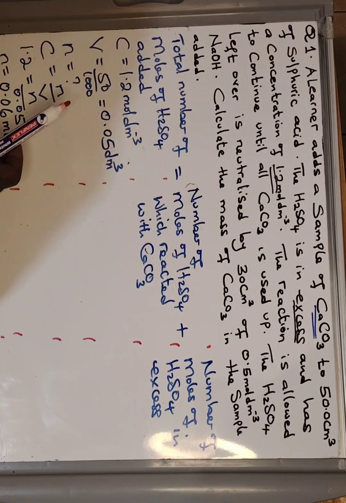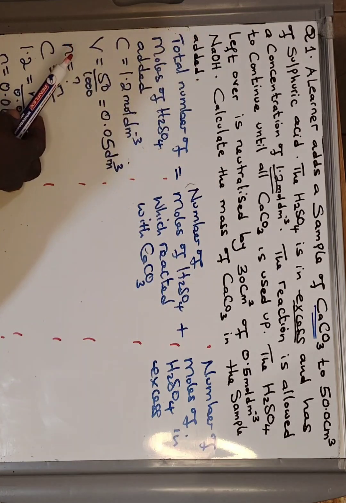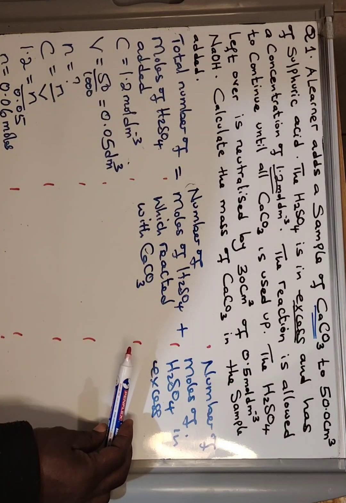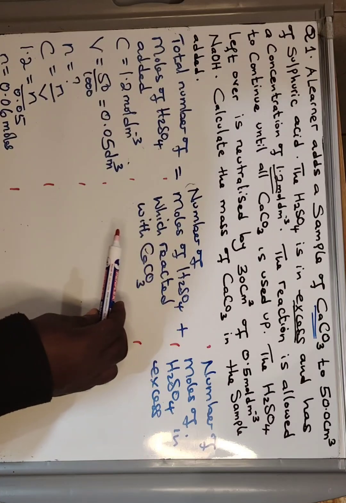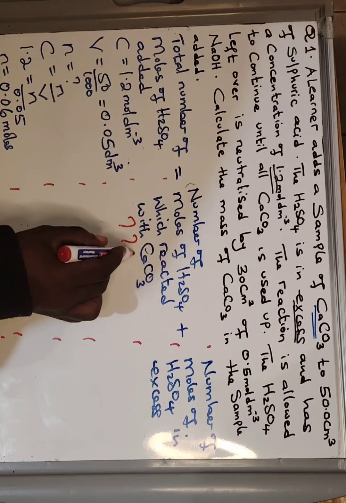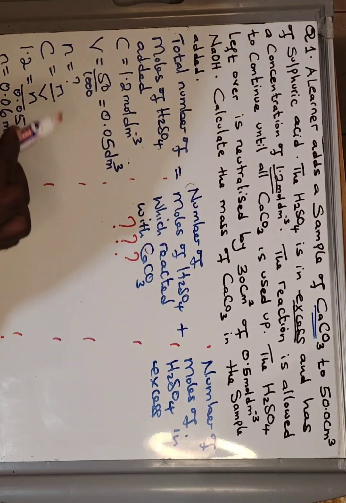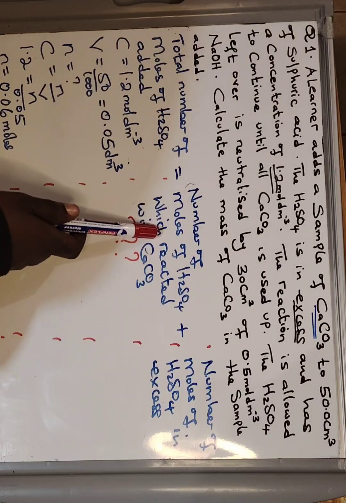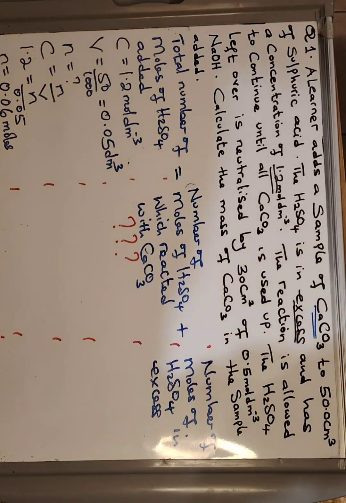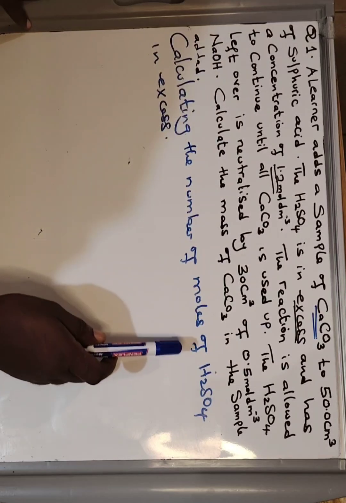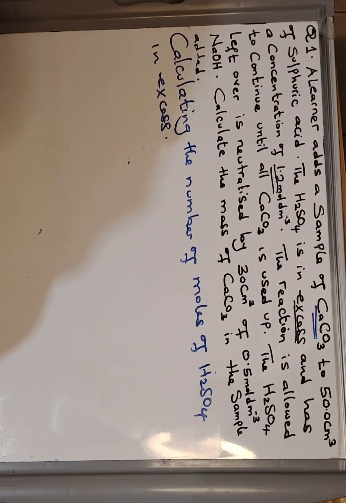I want to remind you that if you have the total number of moles supplied and we can calculate the number of moles in excess, then we will be in a position to get the number of moles of sulfuric acid which reacted with calcium carbonate, because this is what we are looking for. The entire setup is directed at getting this number of moles. Okay, there we are, calculating the number of moles of sulfuric acid in excess.